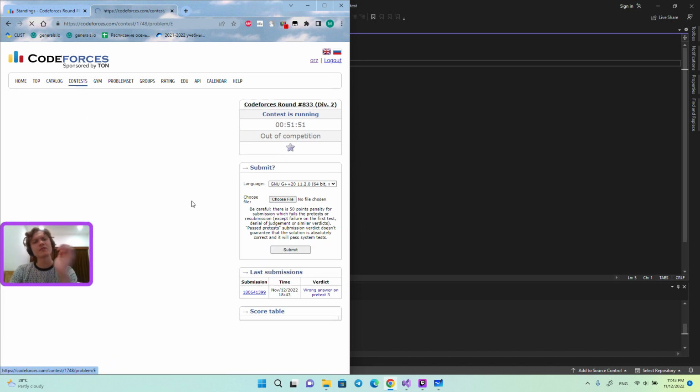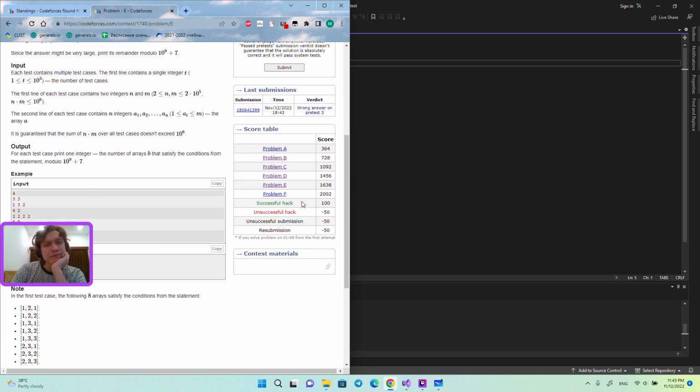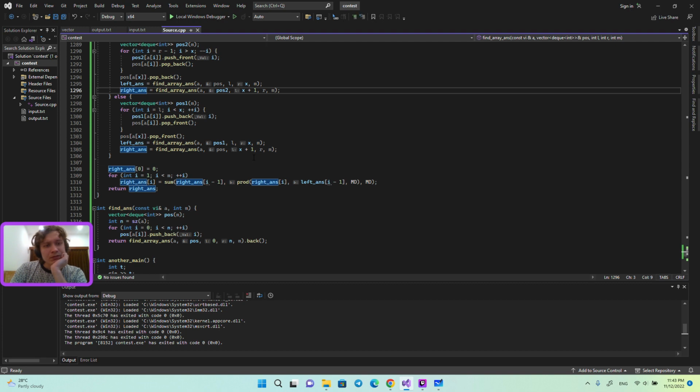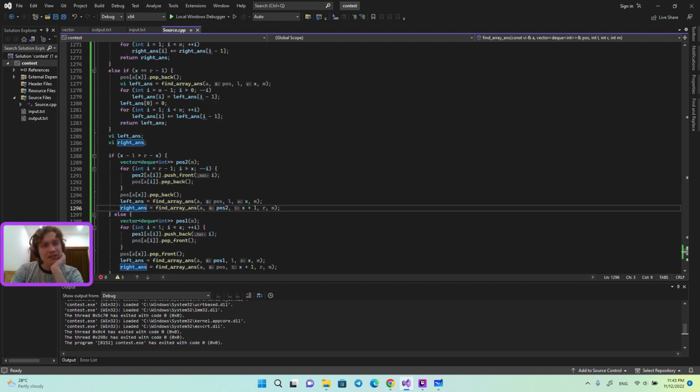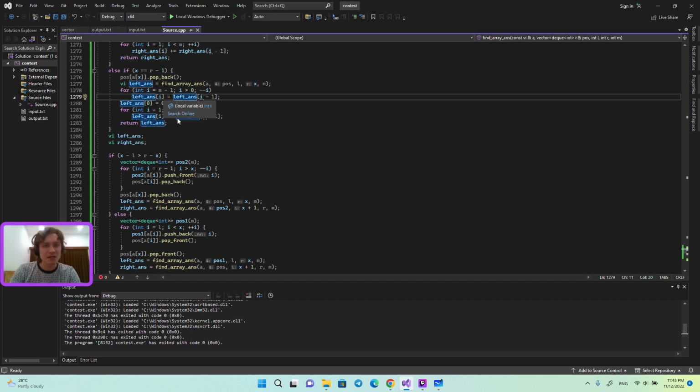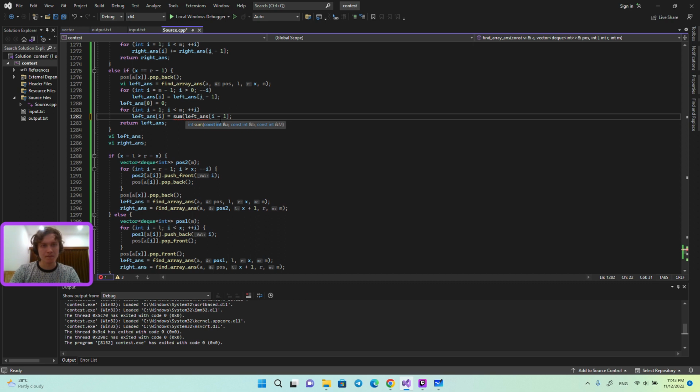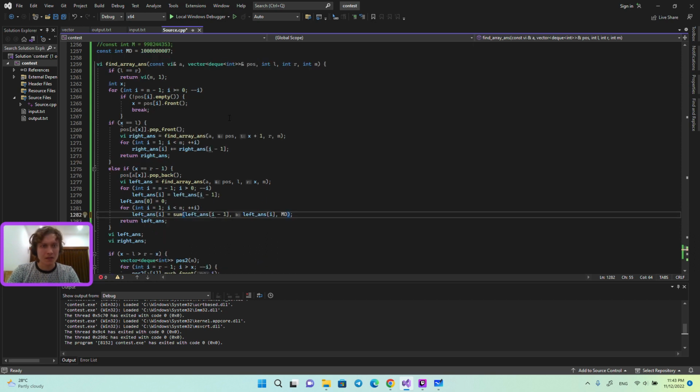Wrong answer. Pretest 3. This is because I needed to make sums here. Here and here.